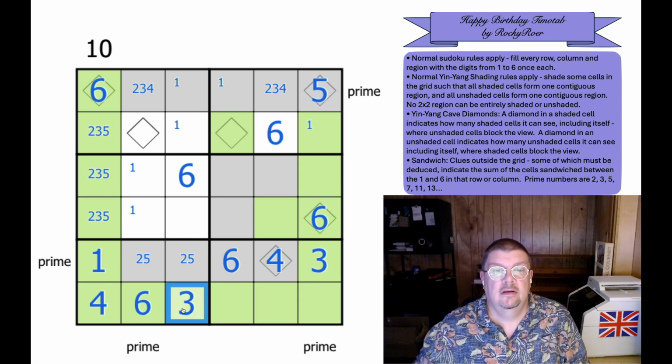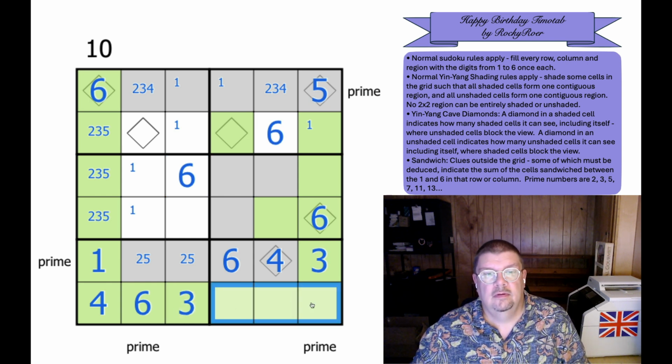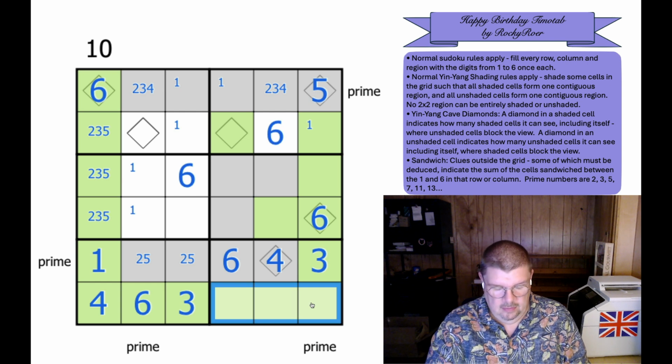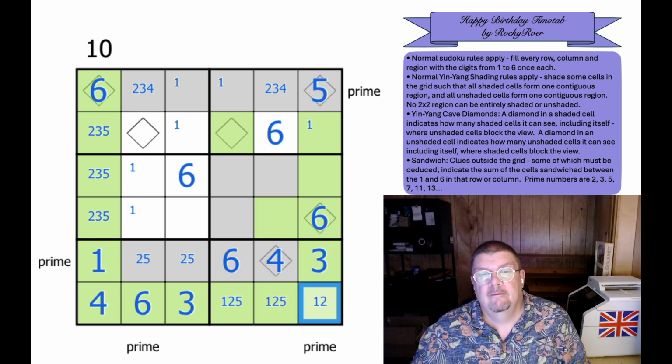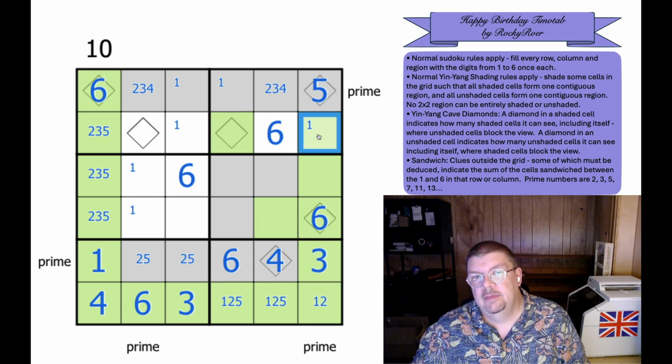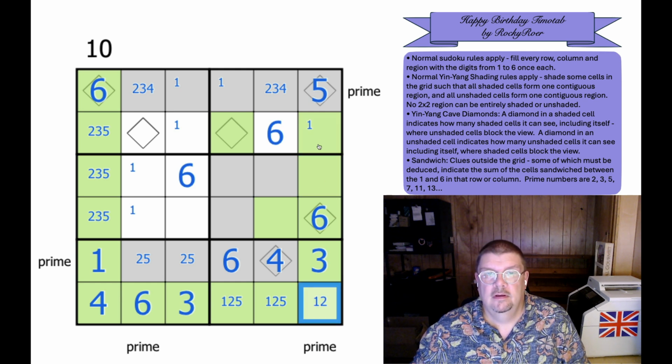This is a 3 by Sudoku. That's 1, 2, and 5. But that's not a 5. Ah, so this can't be 1, 2, because then that would have no fill. And it can't be 1, 4.